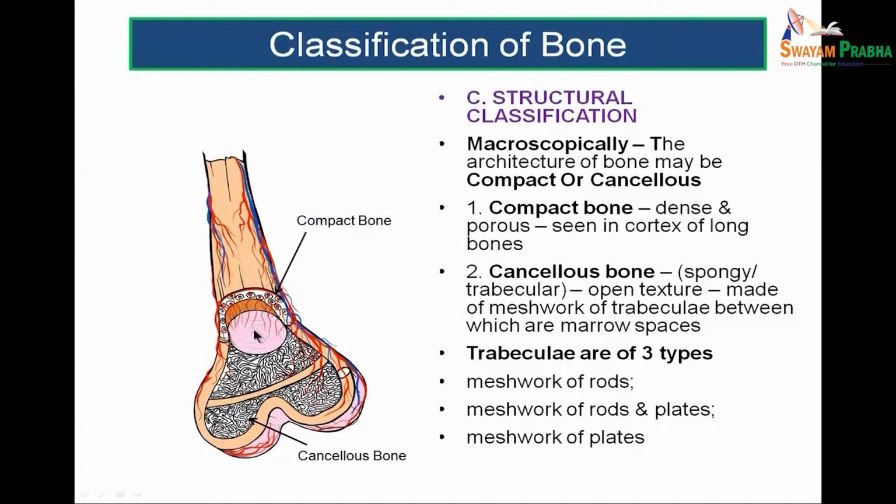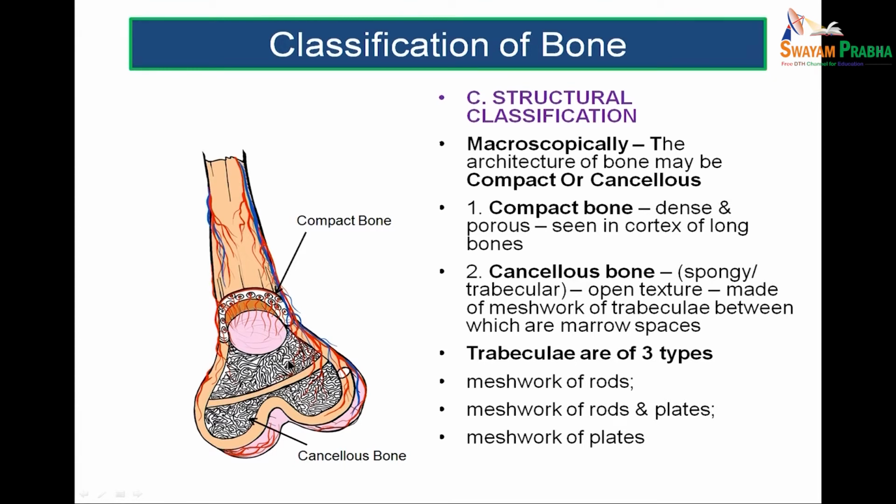If you look here in this figure, this bone has been sectioned to show you the compact bone like a shell, very compact, no spaces in it, and you can see in the epiphyseal end there is bone with lot of spaces in it. This is cancellous bone.